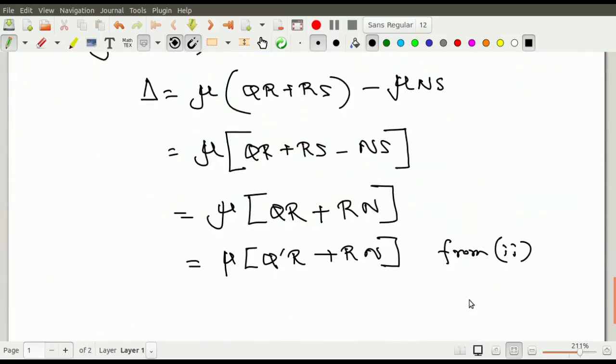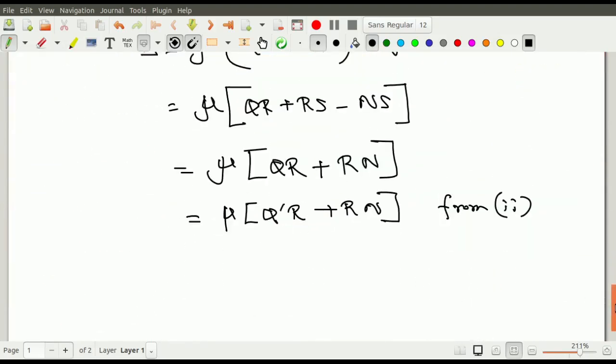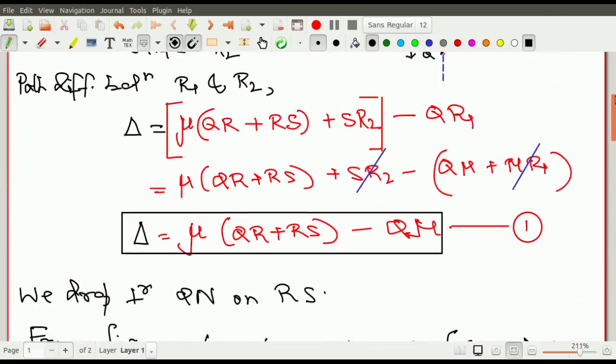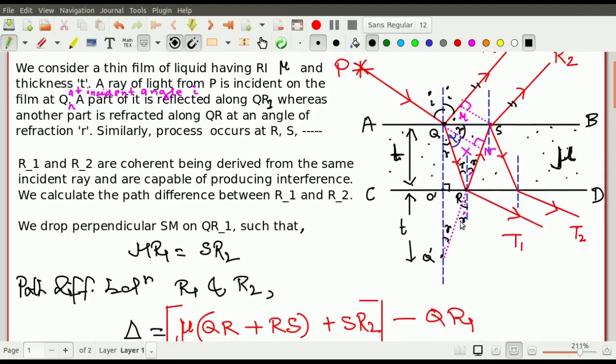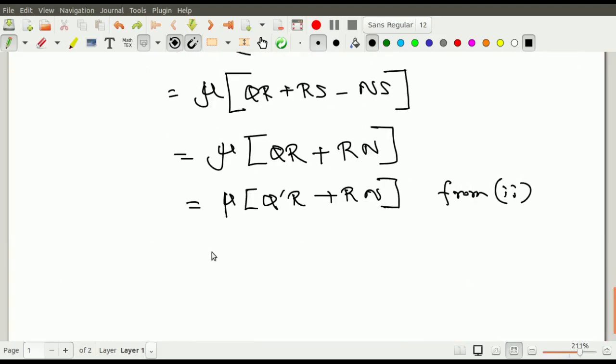Q dashed R plus RN is in a straight line, meaning the whole thing is Q dashed N. So mu times of Q dashed N, let me call it equation number 3.